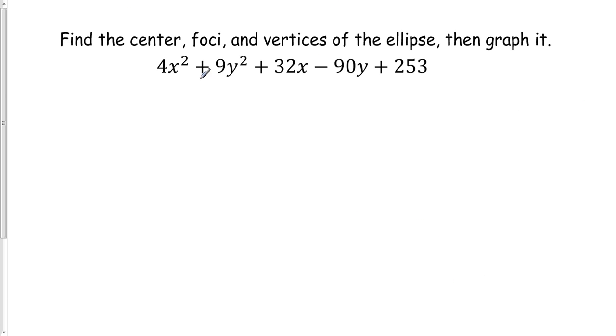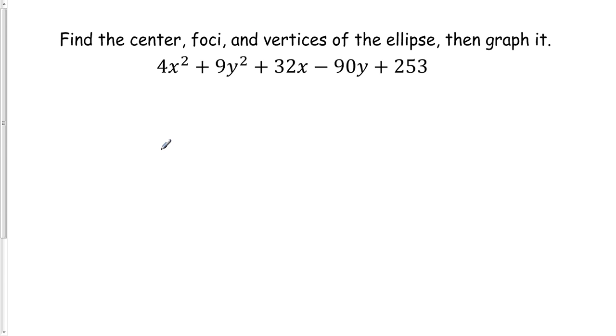All right, here we have a problem to do. It says find the center, foci, and vertices of the ellipse and then graph it. In order to do that, I'm going to give you the relationship between the equation and all the things we just discussed.